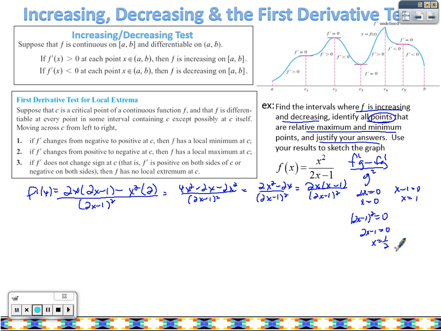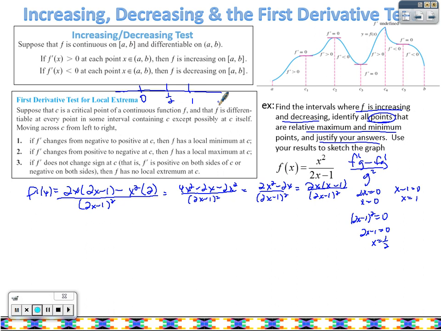So we have our two kinds of critical numbers. We're going to put them on a number line, and just for space, I'm going to put them up here. We have 0, 1/2, and 1. Of course, they need to be in ascending order.